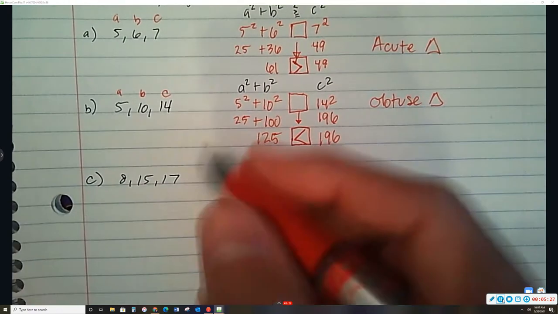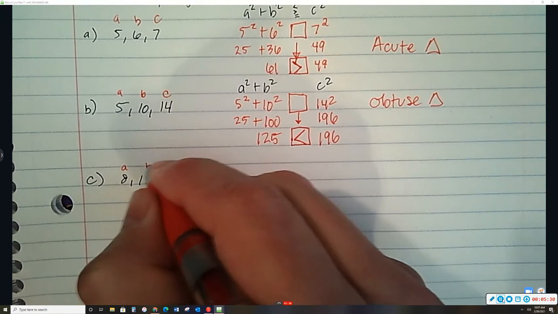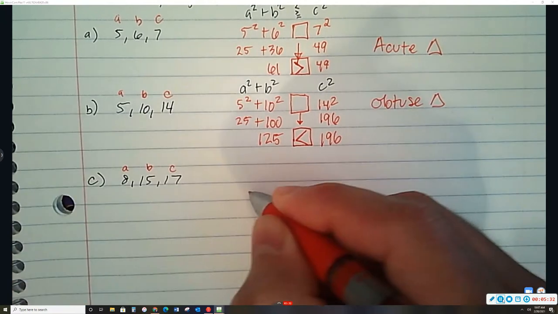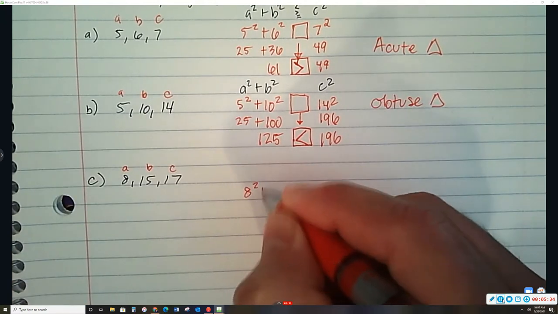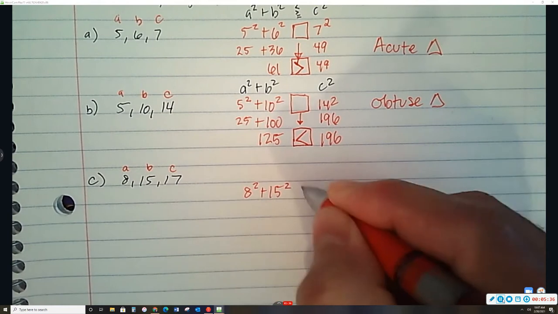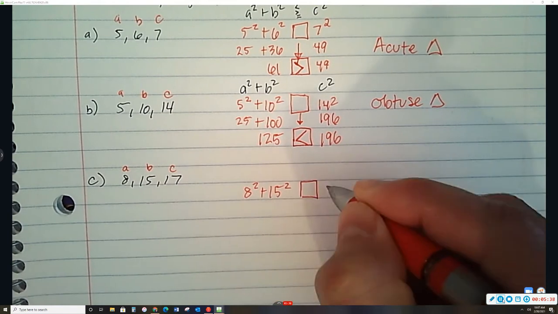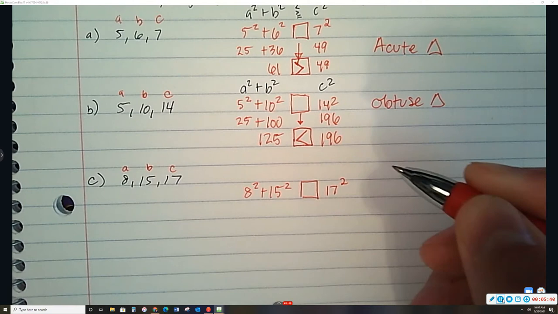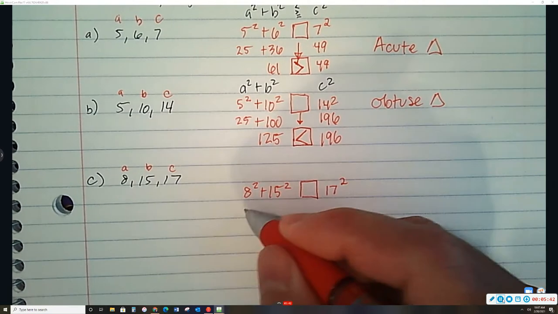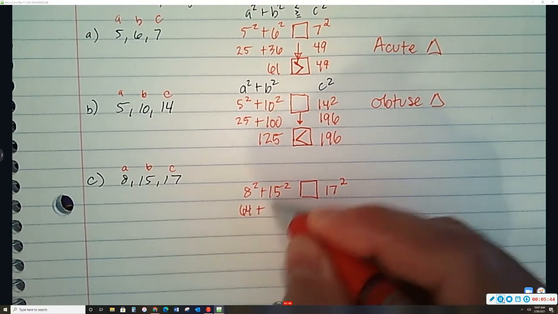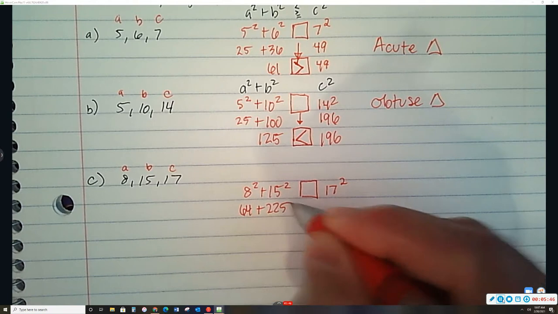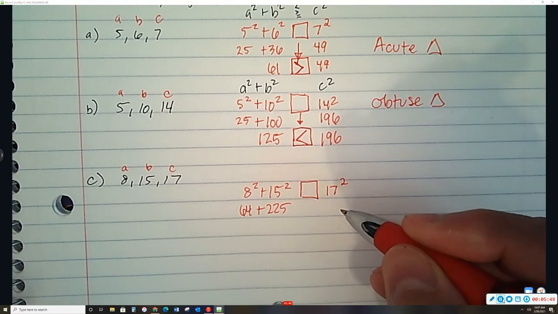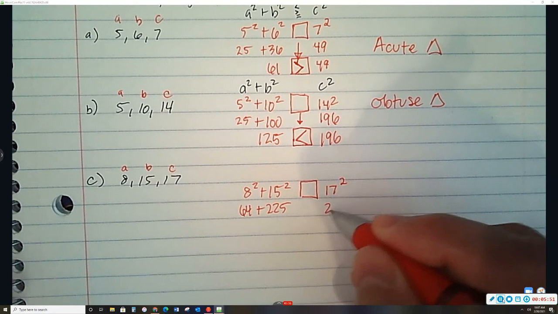I'm pretty sure you can guess what the next one is going to be. This one should be equal if I chose the correct numbers. That would be 8 squared plus 15 squared. For now I'm going to leave this blank because I'm not truly sure. 8 squared is 64, 15 squared is 225, 17 squared is 289.